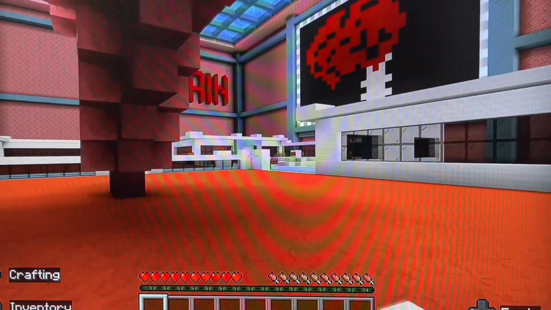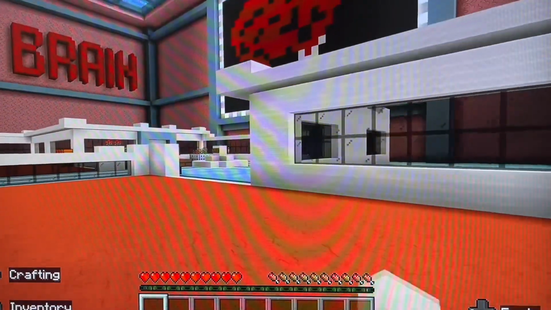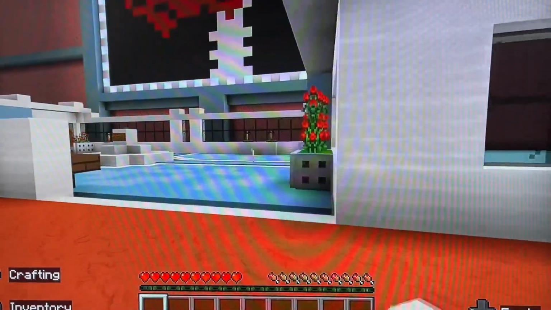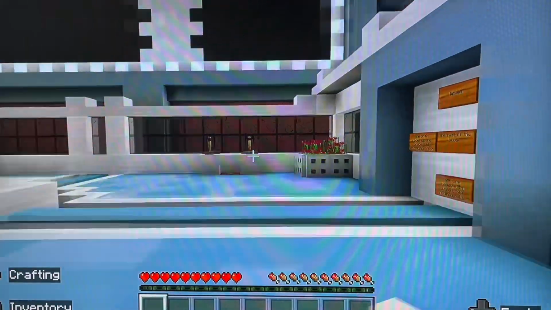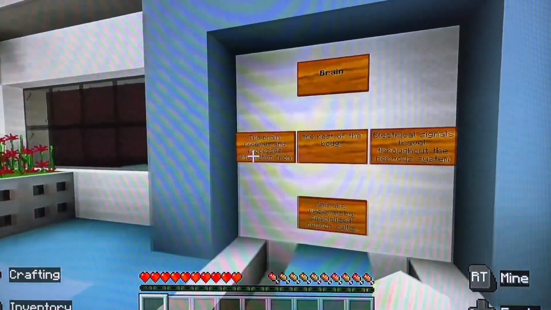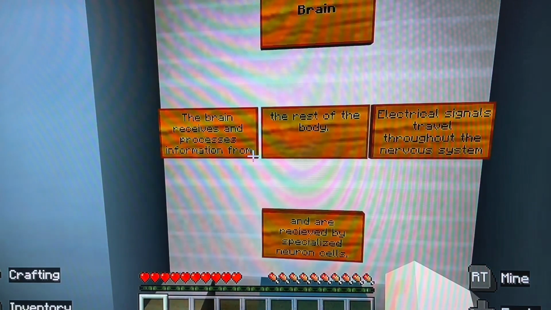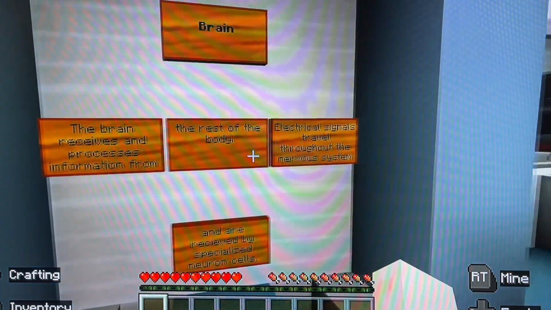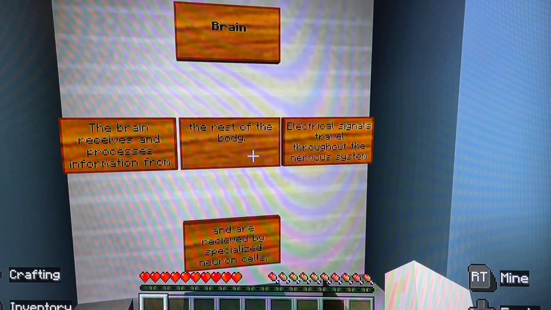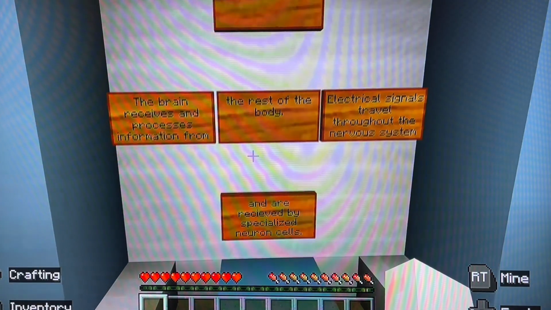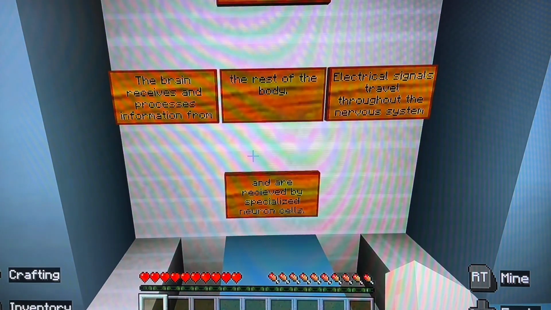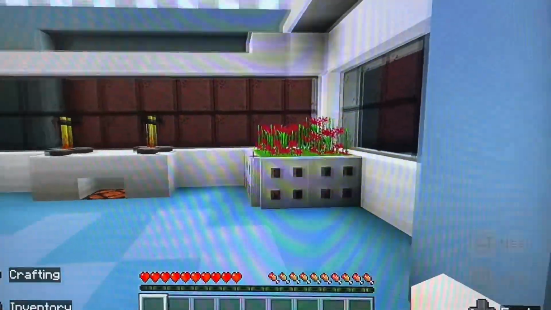A little look around the room before we exit, see if there's any more information that we can gather. So there's a little bit of information. Process information from the rest of the body. Electrical signals travel through the nervous system by specialised neuron cells.